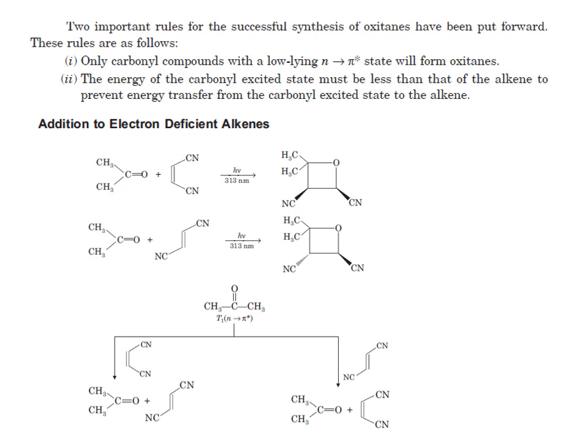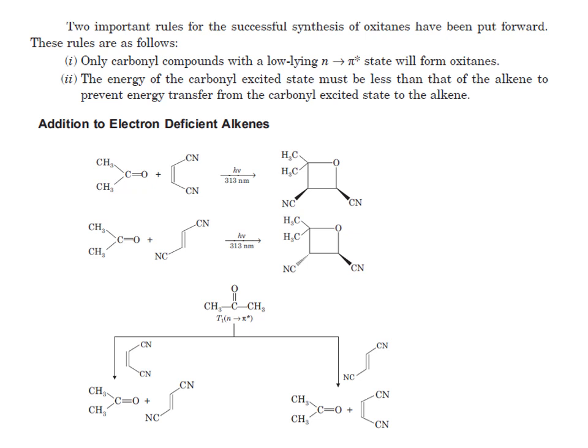As far as the addition of an aromatic carbonyl compound is concerned, only the triplet excited state is reactive, because intersystem crossing is very efficient in aromatic ketones, and consequently a triplet biradical intermediate is produced.